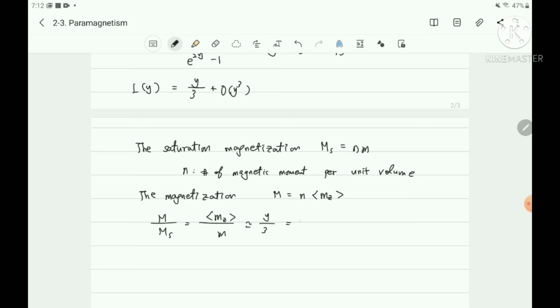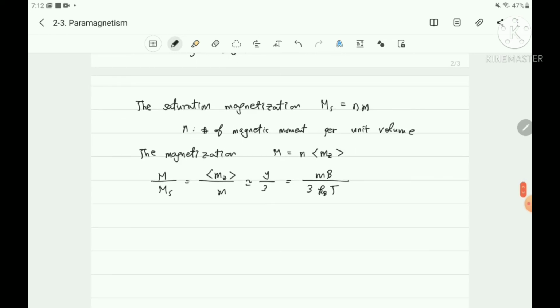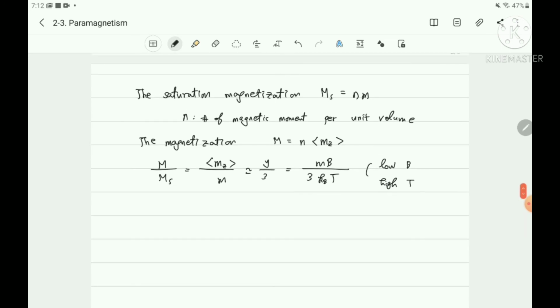Small y, where y is defined as mB over kBT, means low magnetic field and high temperature. High temperature is enough at room temperature, and the magnetic field can be considered very small in conventional magnetic fields.